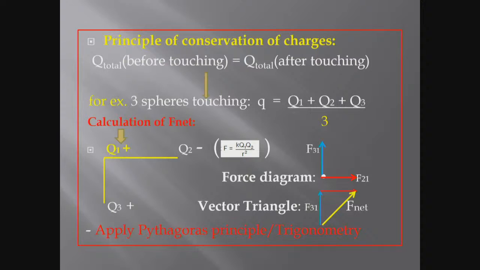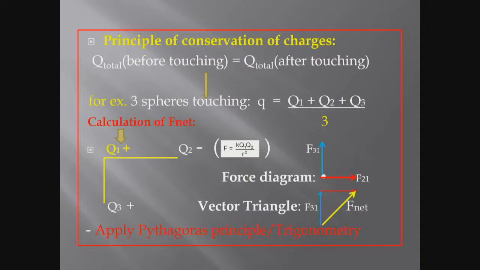I must say it is quite a few papers back that they have asked to calculate the direction. Maybe they think it is too much maths to also ask the direction, but maybe it's time to also ask not only the magnitude using Pythagoras, but also the direction using your sine and cos function. So this is for the calculation of F net.